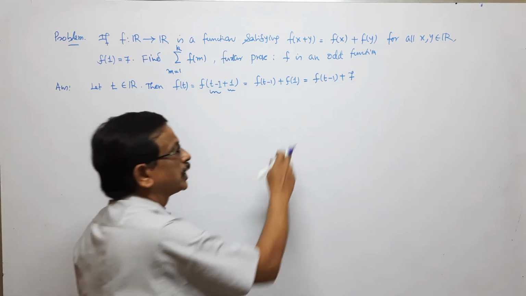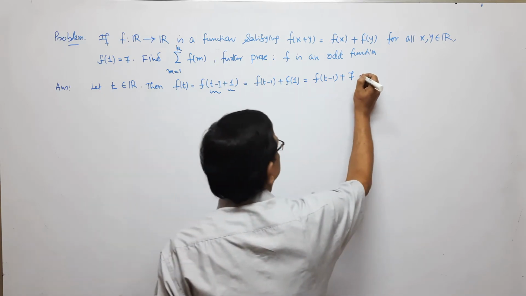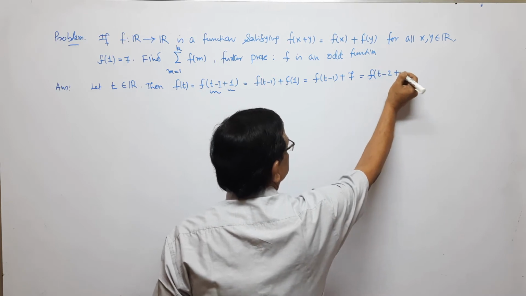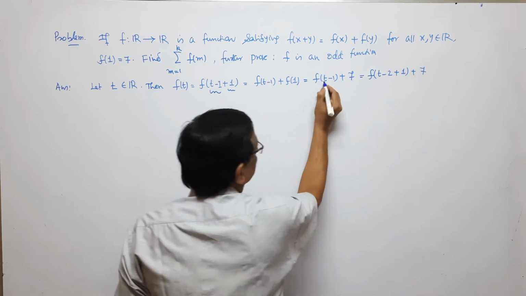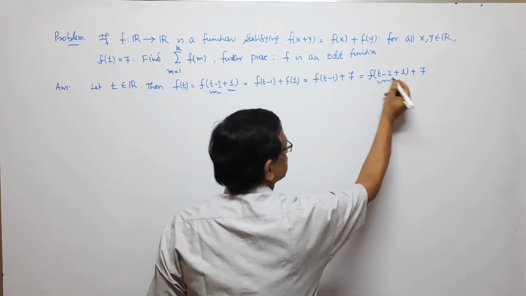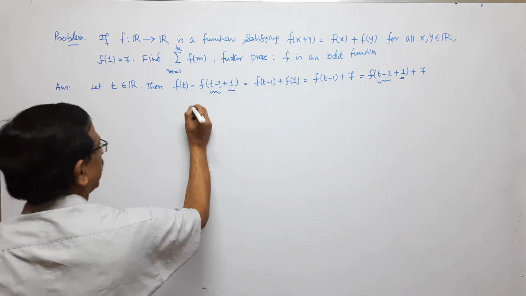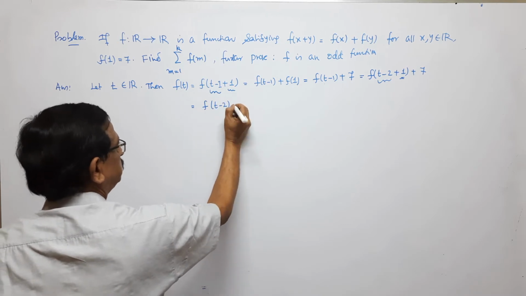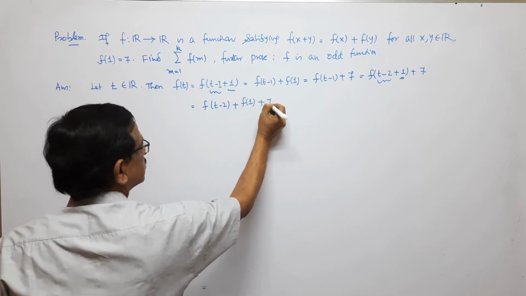Now I have a choice to split t minus 1 again. So this I can write down as f of t minus 2 plus 1 plus 7. Look at this, t minus 1 is t minus 2 plus 1. So I can write this as f of t minus 2 plus f of 1 plus 7.